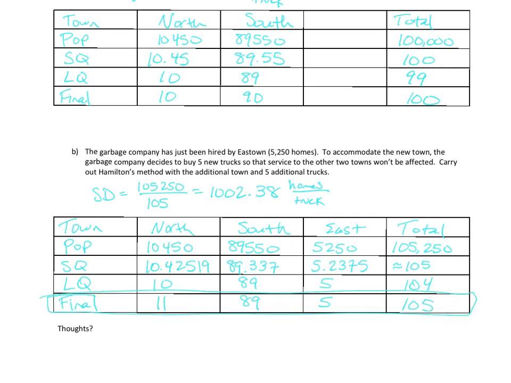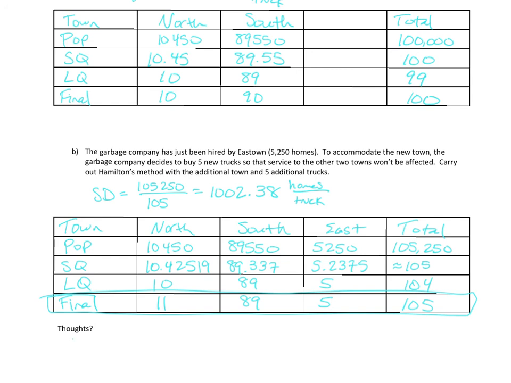Okay, so the thoughts. It's a little weird that without changing its population, Northtown gained an extra truck and Southtown lost a truck. So Southtown's going to be annoyed. They are not getting the same level of service they did before because this company took on Easttown.